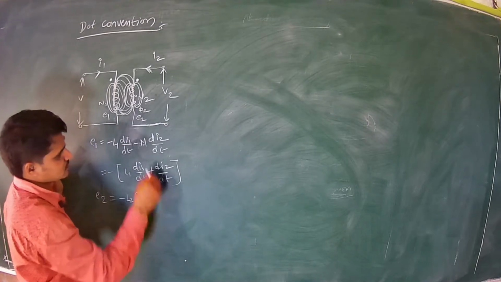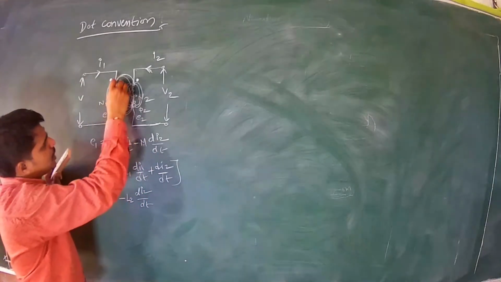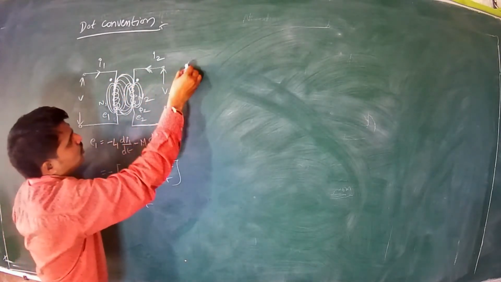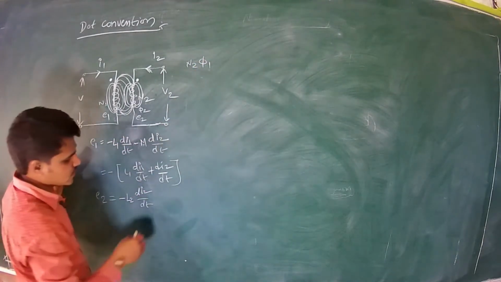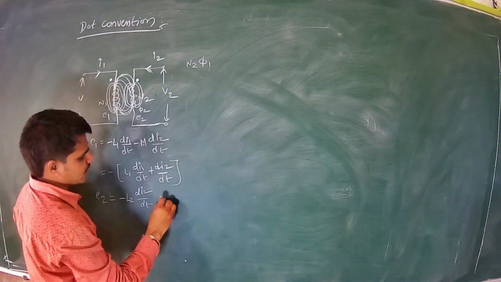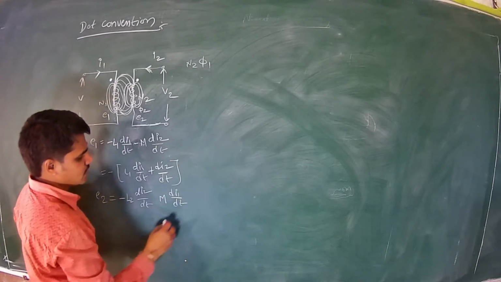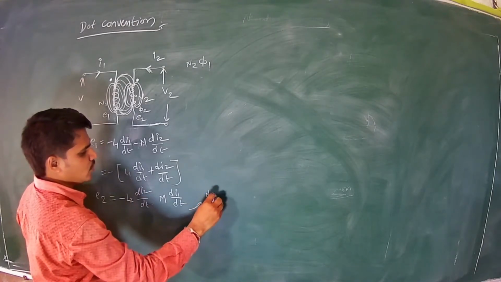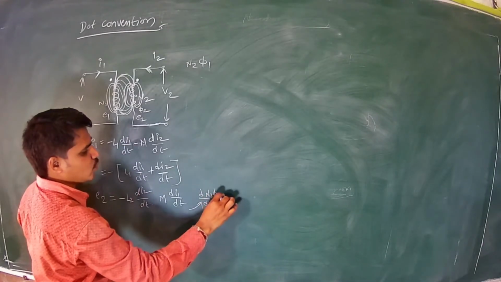Now the next one. The first flux is not only linking with the first coil but also linking with the second coil. Therefore, the rate of change of N2 into phi 1 gives the mutual induced EMF. So here it is M into dI1 by dt. So this is N2 into d by dt of N2 phi 2 1.